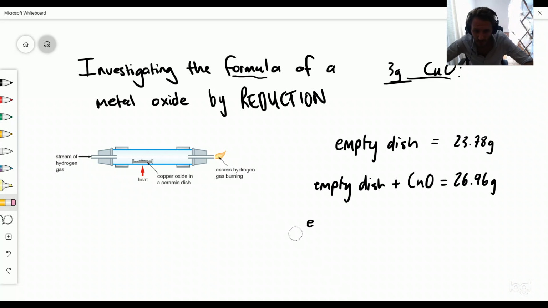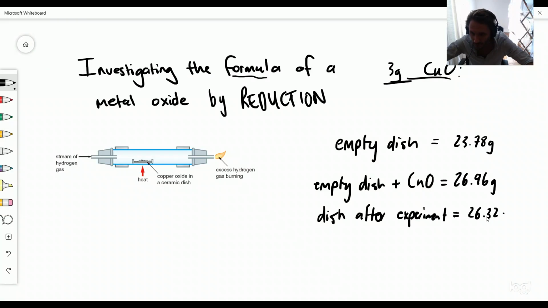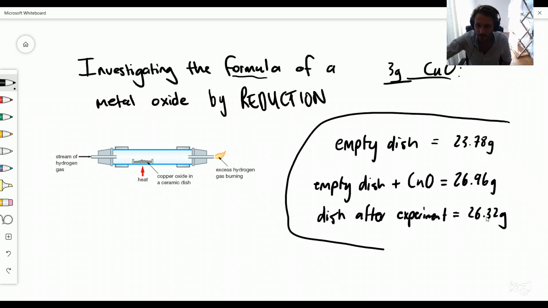It's not empty anymore. So we weigh the dish after the experiment, and we get a value of 26.32 grams.